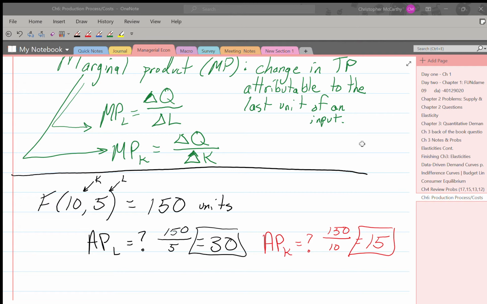It used to increase production by 316 when we added the 6th worker, but now when we add the 8th worker, it only increases production by 244 units. And then it gets to a certain point where at 11, we actually get negative returns. Adding that 11th worker takes away labor.